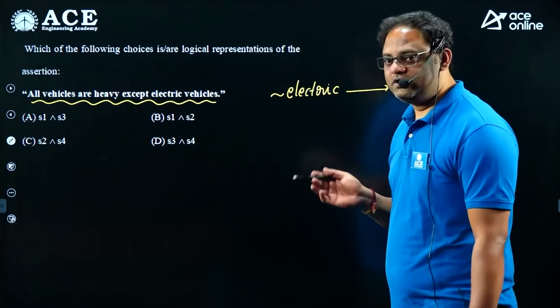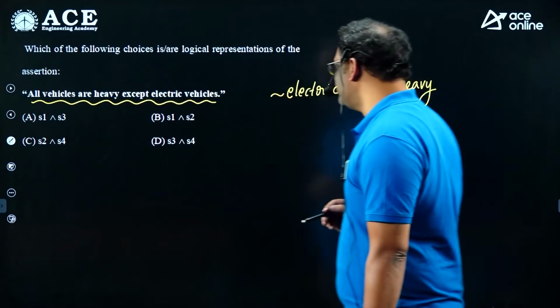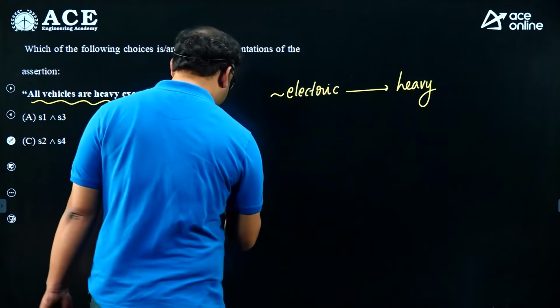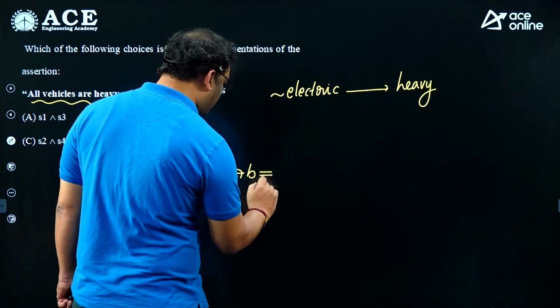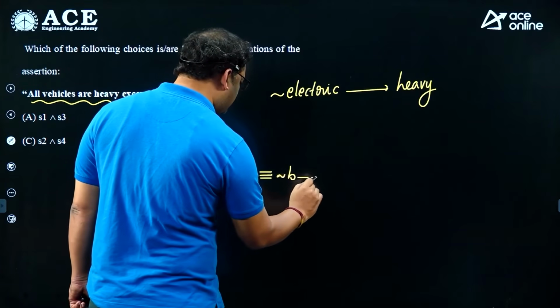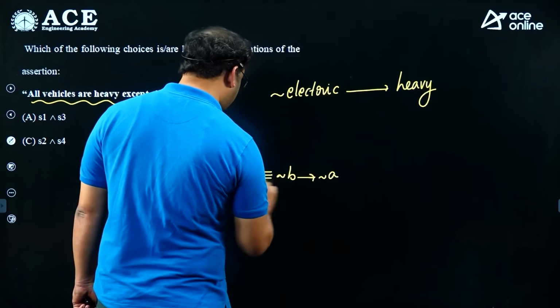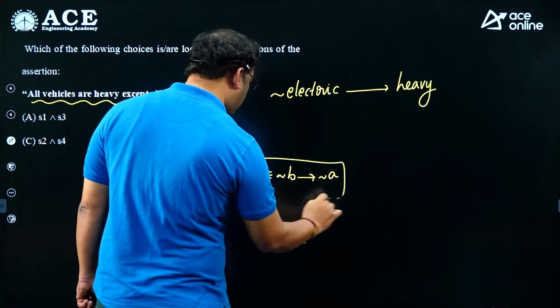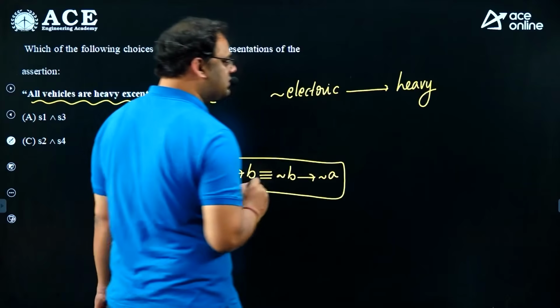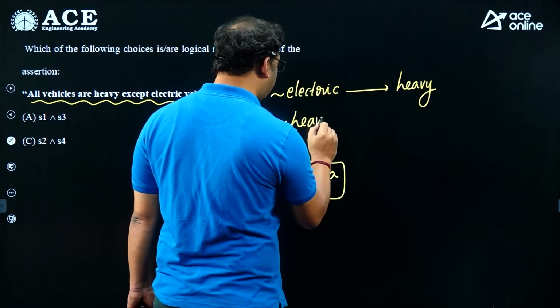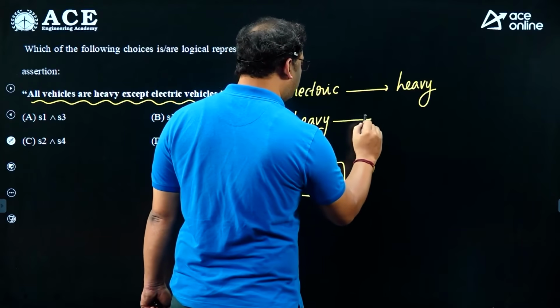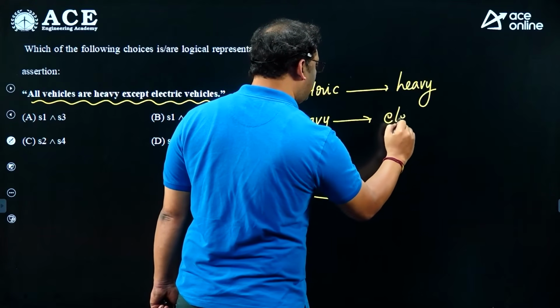And what is a contrapositive statement to this? The contrapositive statement is something like this. A implies B, we can take it as negation B implies negation A. You can also say like this, if the vehicle is not heavy, then we can say it is an electric vehicle.